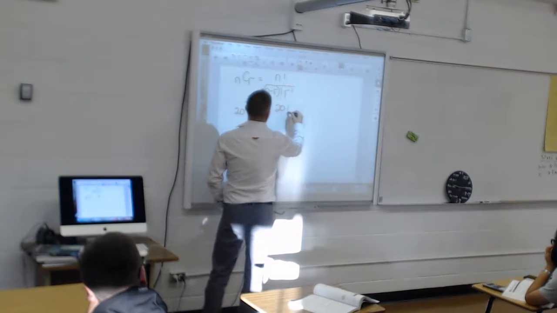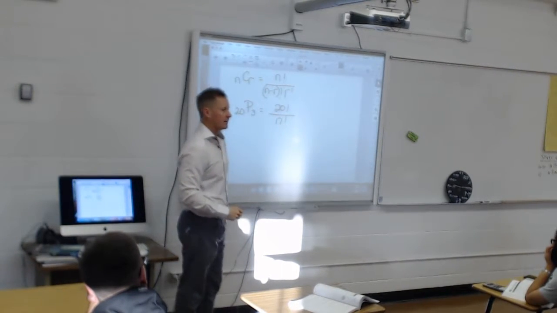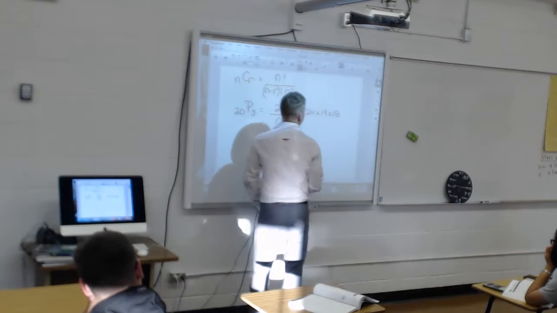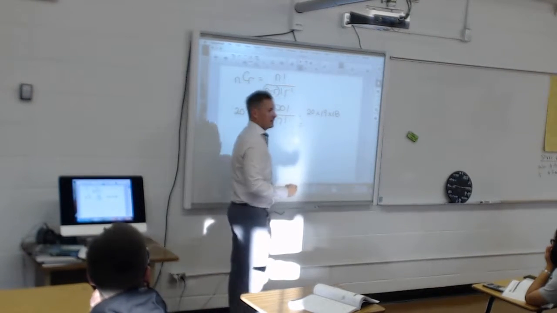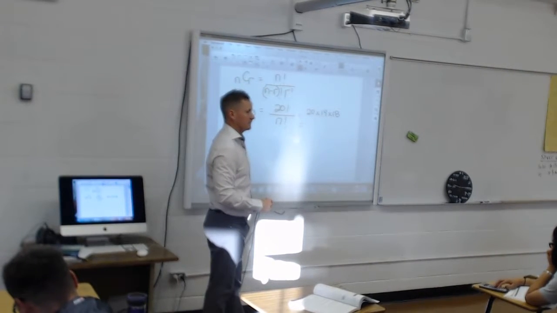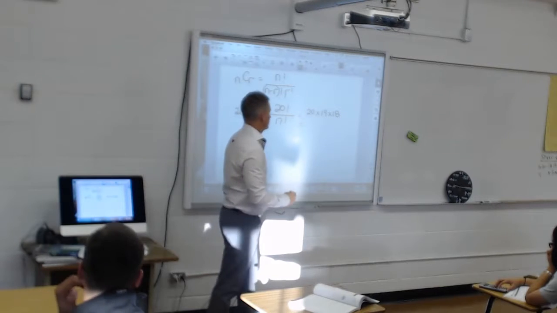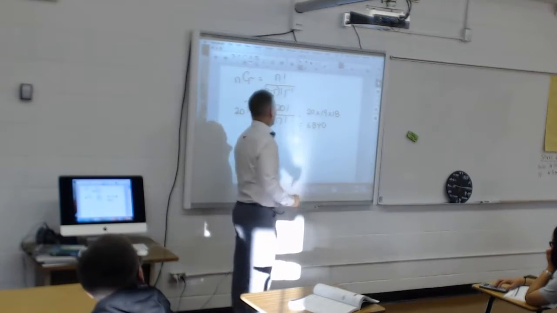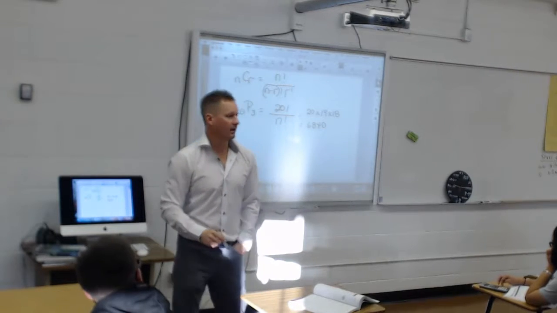That's 20 factorial over 17 factorial. Agreed? So then I have 20 times 19 times 18. What is that? 6,840.